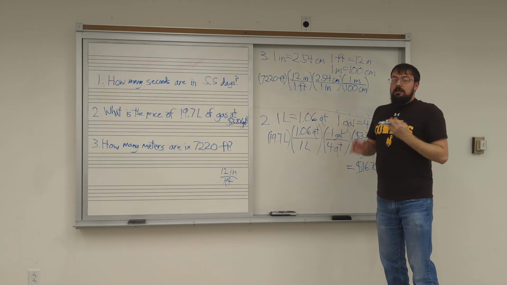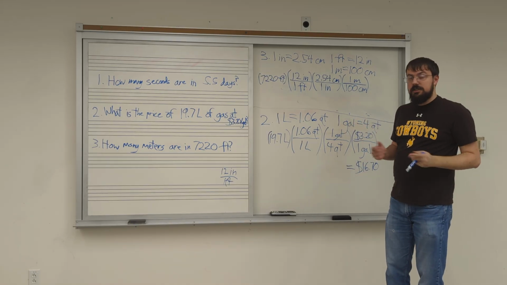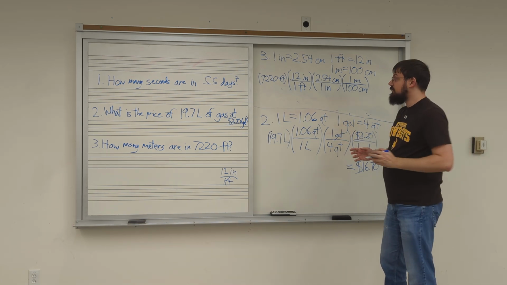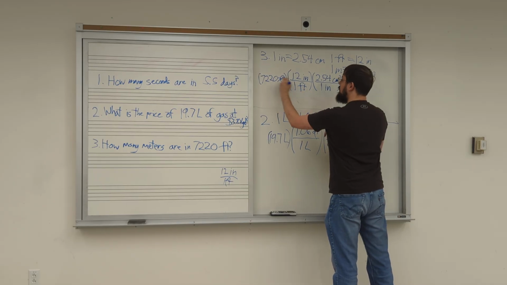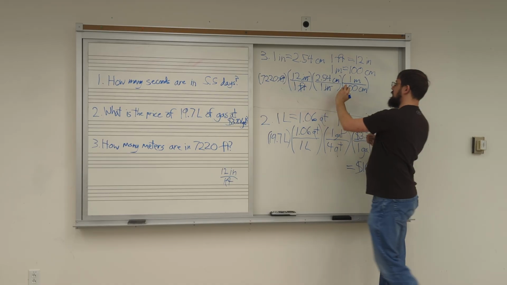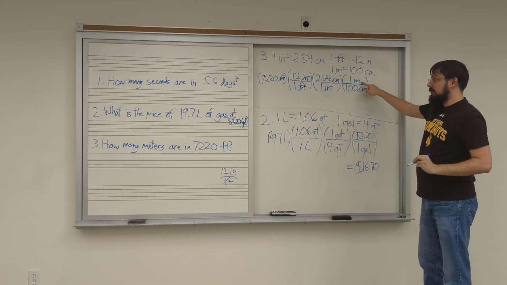So as with any other dimensional analysis problem, one way that we can check ourselves and make sure that we set this up correctly is we can see if the units cancel out. In this case, we have feet here on top, feet on bottom here. Those cancel. Inches on top, inches on bottom cancel. Centimeters on top and centimeters on bottom cancel, leaving us with just meters on top.